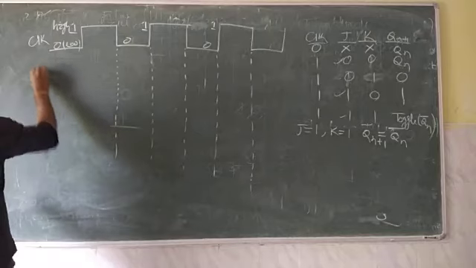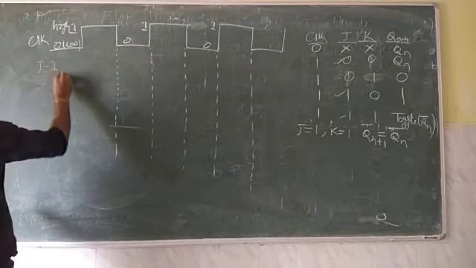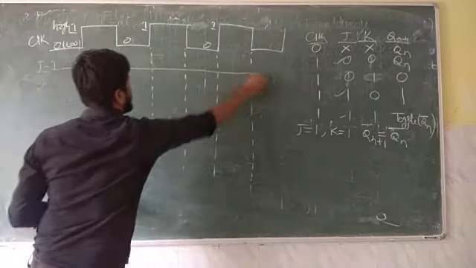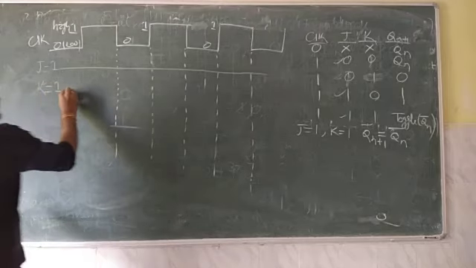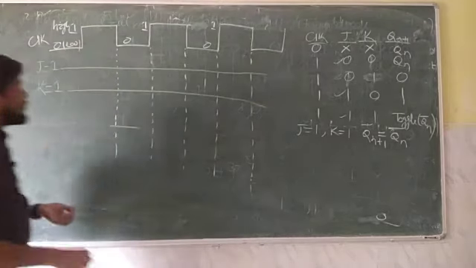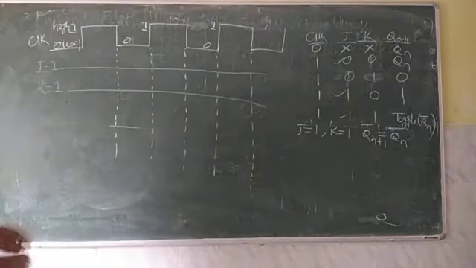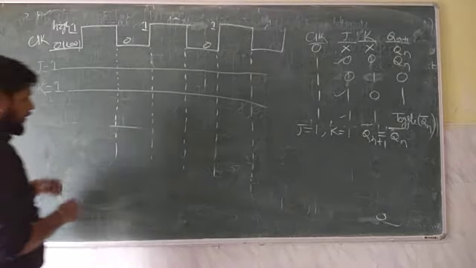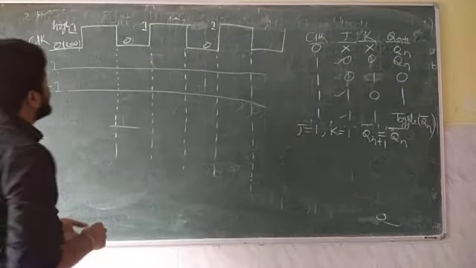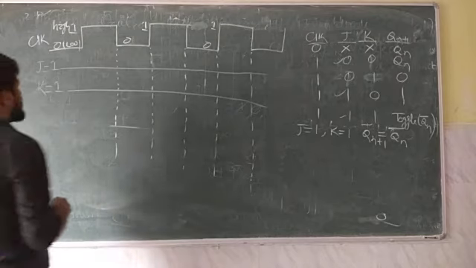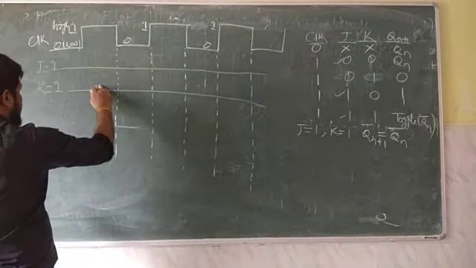Then we have J is equal to 1, because the toggling condition occurs only when J is equal to 1 and K is equal to 1. So this is always 1, because racing occurs only when J is equal to 1 and K is equal to 1.